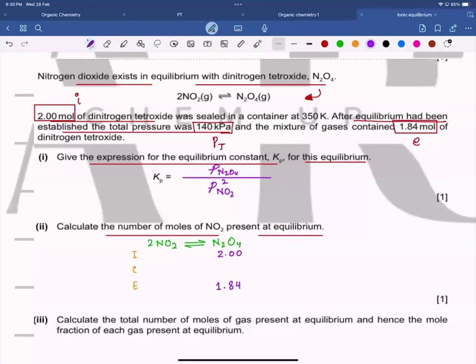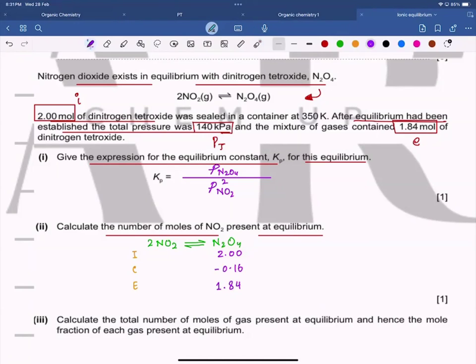Is it a negative or a positive change? Positive. Why? See, initial moles are 2 and the final moles at equilibrium, the moles have decreased. So the amount is decreased or increased? Decreased. Negative. So it means that this change is negative. So it is 0.16. Is this understandable to all of you?